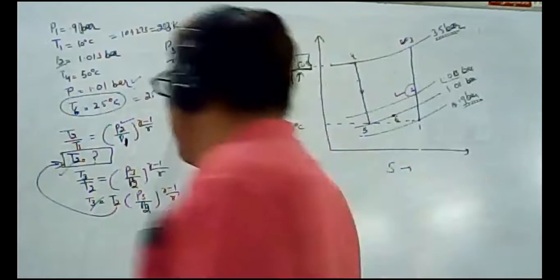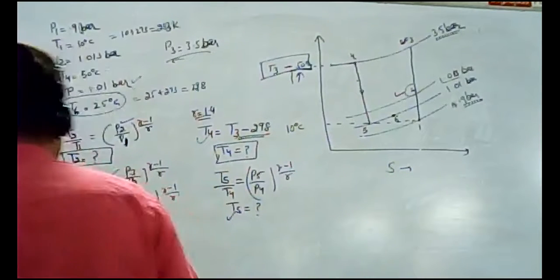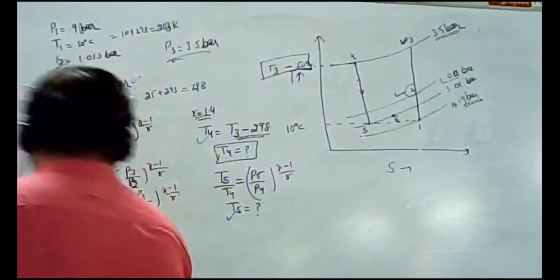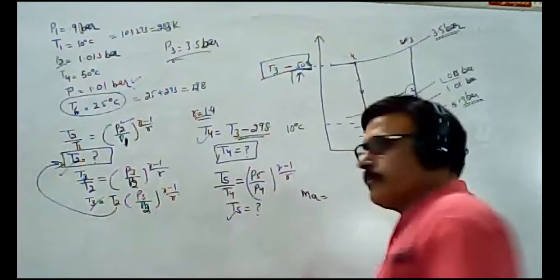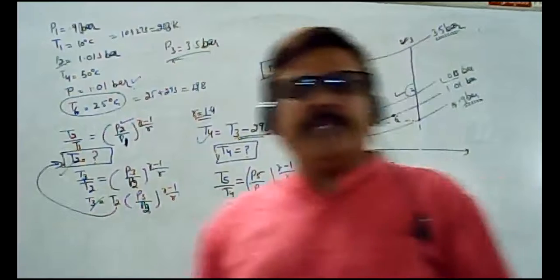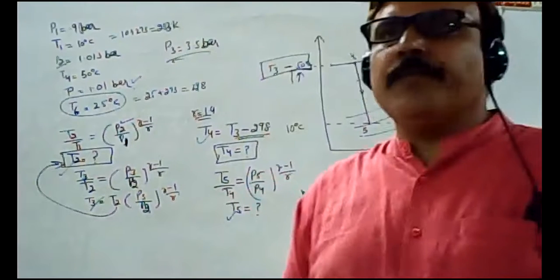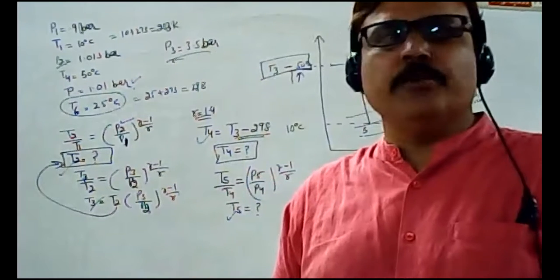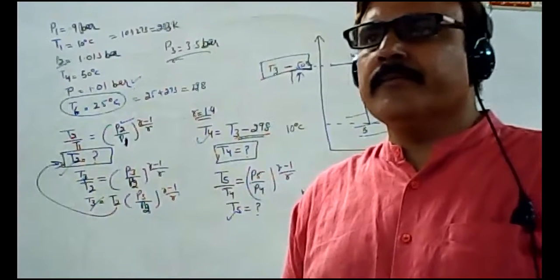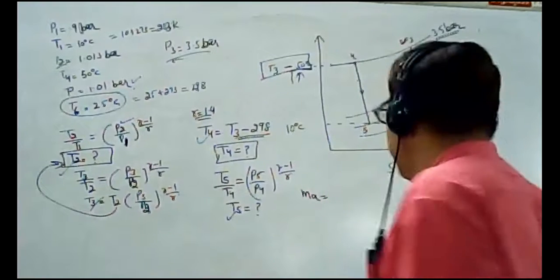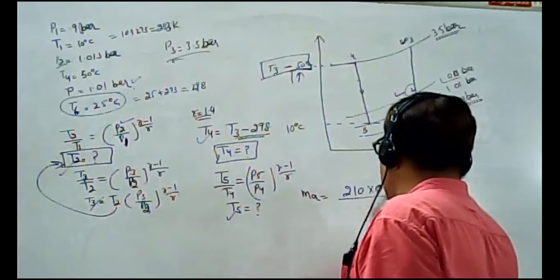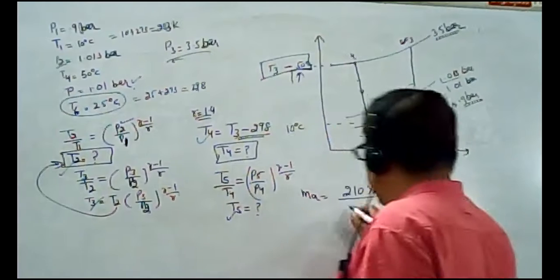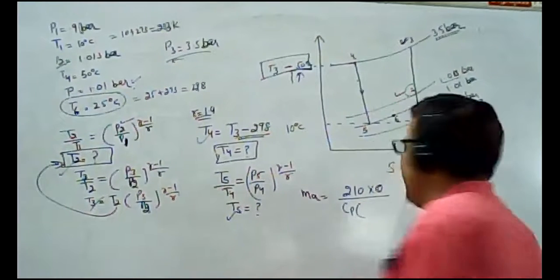Okay. Now further, what you have to find out? Mass of the air. So what formula was there to find the mass of air? I have already told you yesterday. Tell me. 210 into Q divided by Cp into temperature difference. What is the temperature difference?